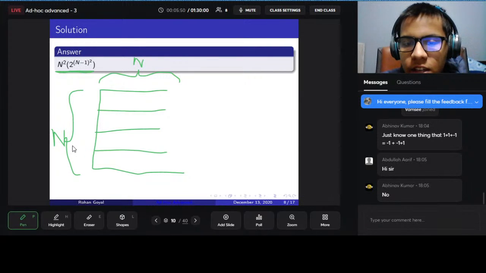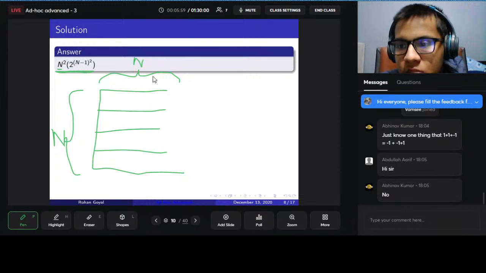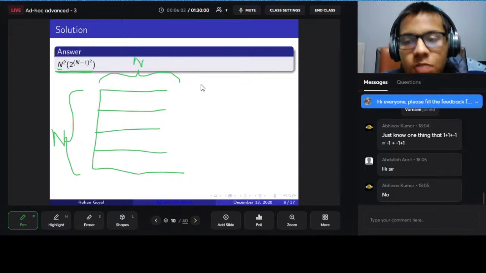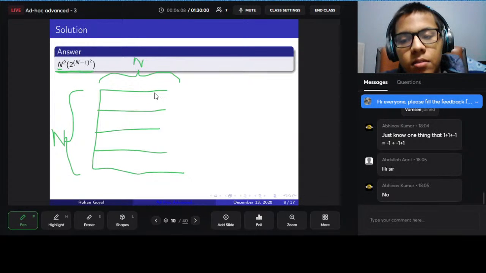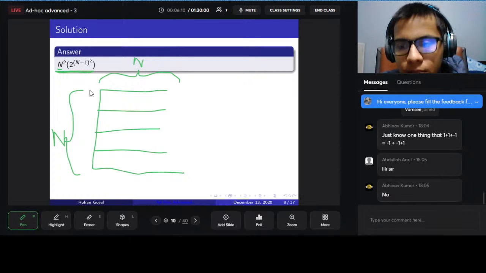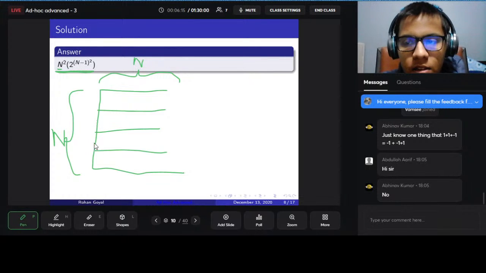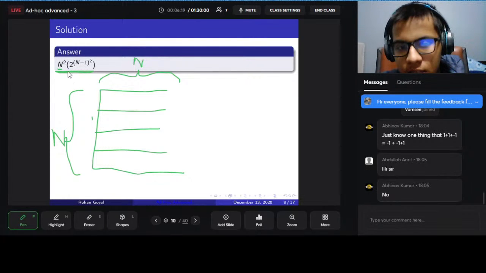Because these are n rows and n columns, this seems to suggest that we are multiplying n into n somewhere. So remember that you're choosing minus 1 in one of these rows and minus 1 in one of the columns. So that's probably where the n square comes from, right? Because remember, only one column product has the value minus 1 and only one row product has the value minus 1. So the number of ways of choosing one row is n choose 1, which is just n. Similarly, n choose 1 columns is n.